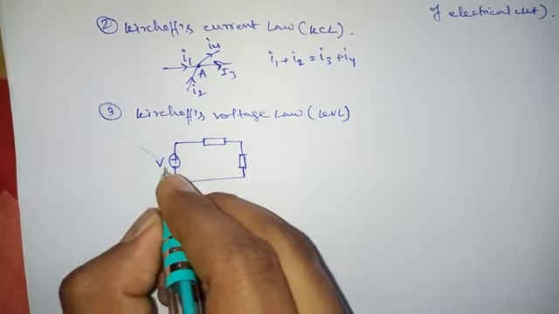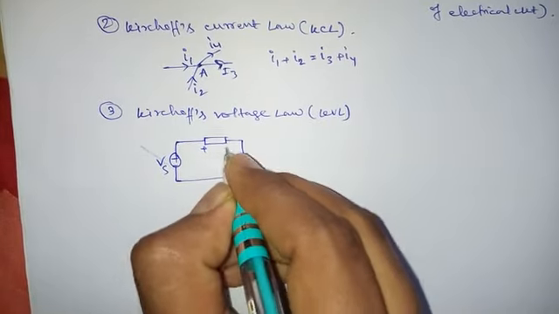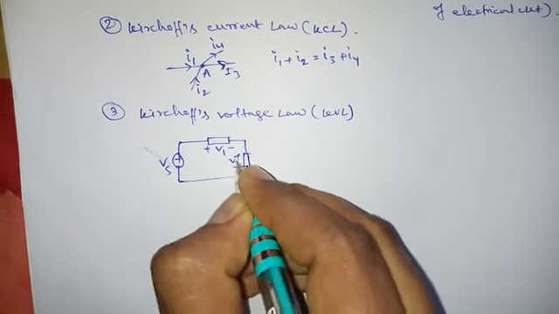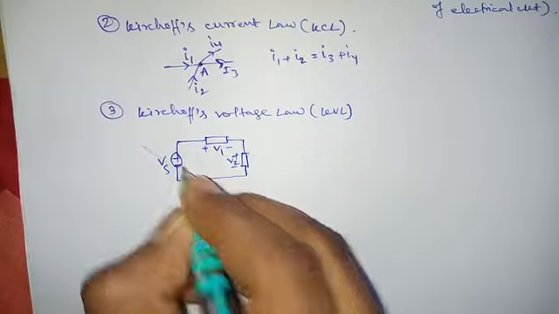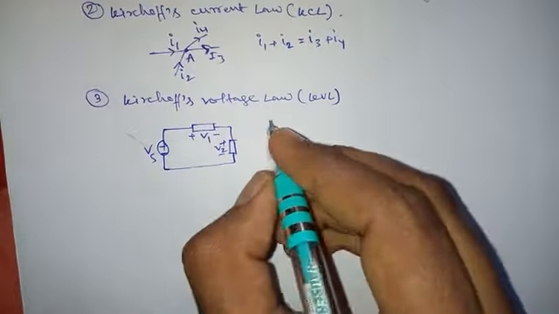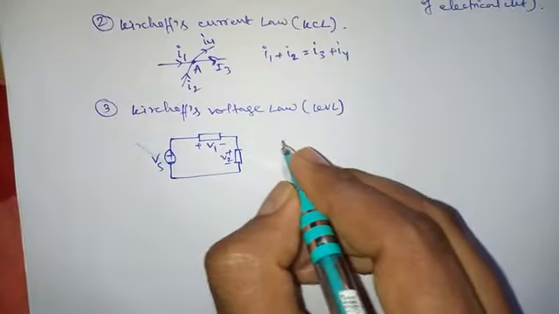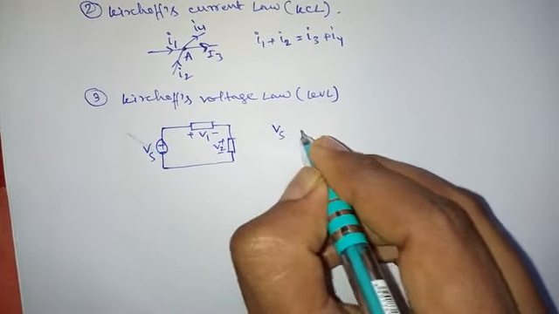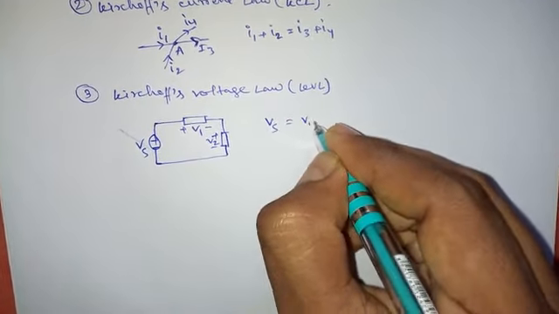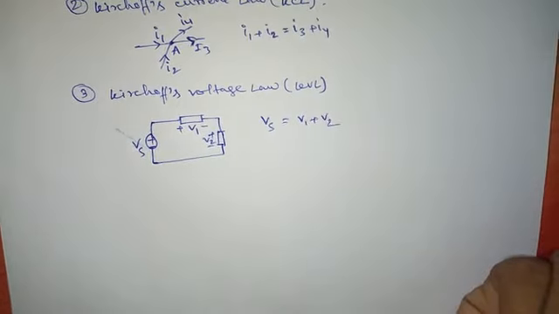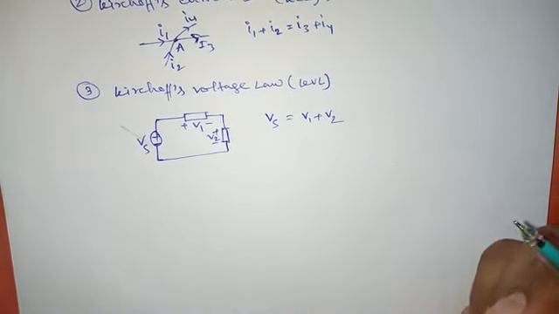Here Vs is the source voltage and V1 and V2 are the drops. So from KVL we can write the mathematical expression as Vs equals V1 plus V2.